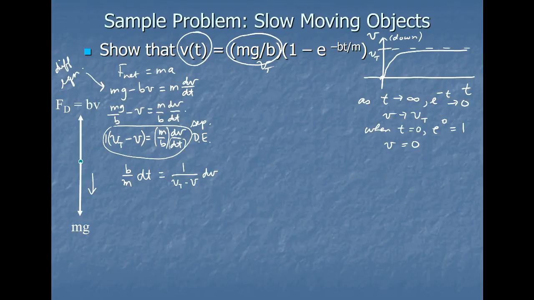Now, in order to integrate this, I'll write this part a little bit larger. We're going to integrate over a different variable, t prime, so that we can integrate from 0 to time t. Then over here, we're actually going to integrate dv prime over vt minus v prime.